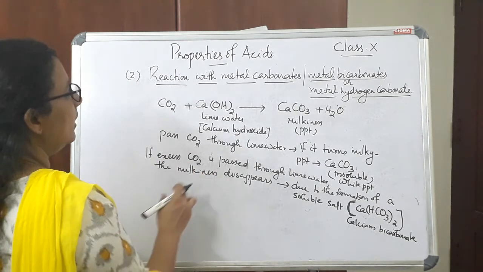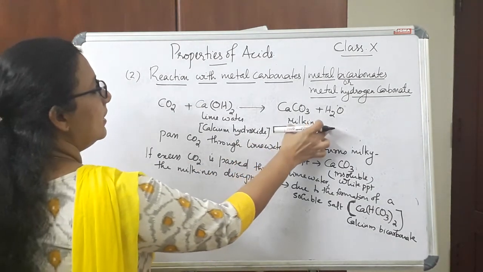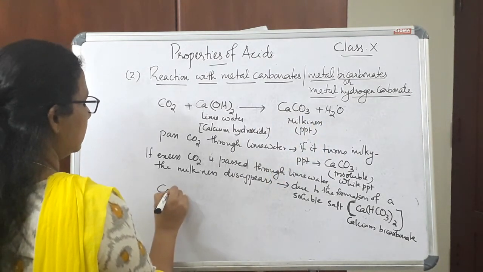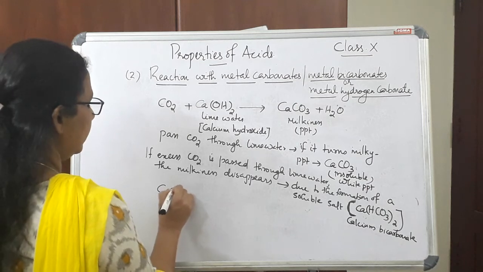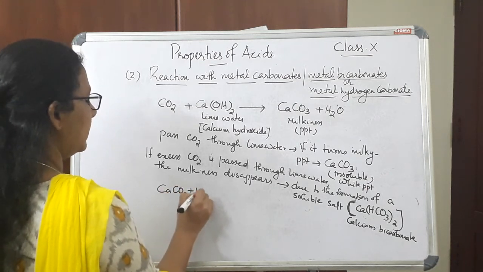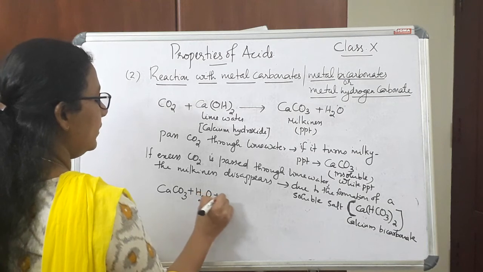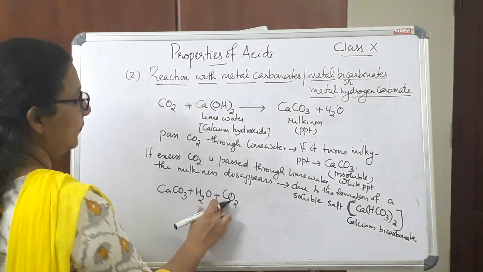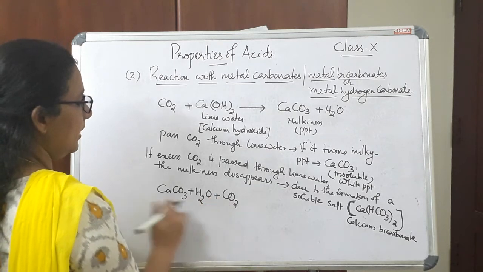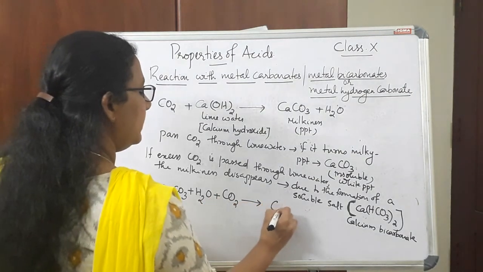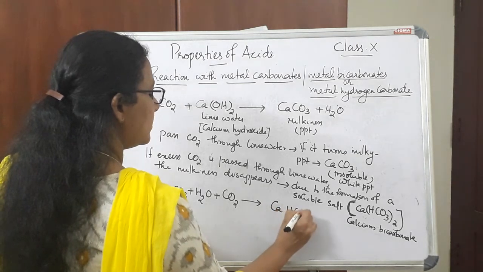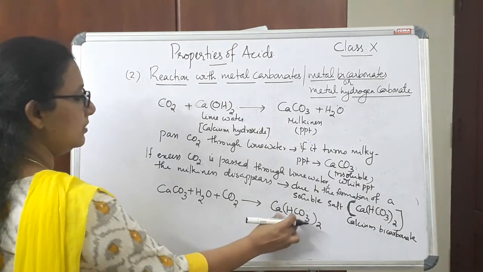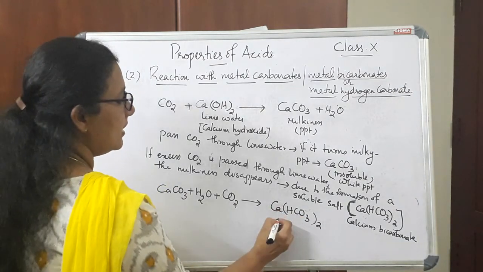So we will write the equation. The product now becomes the reactant: calcium carbonate and H2O. If you pass excess carbon dioxide into this test tube, the product will be Ca(HCO3)2.